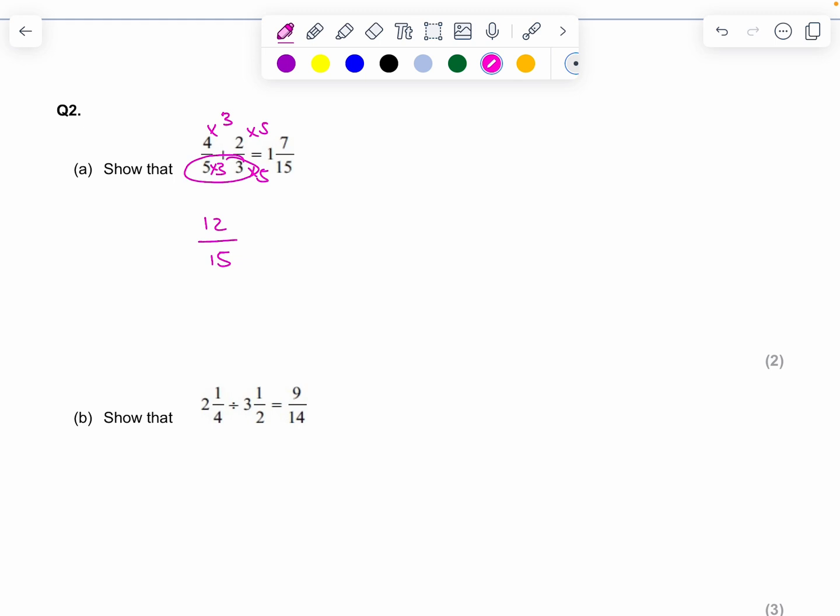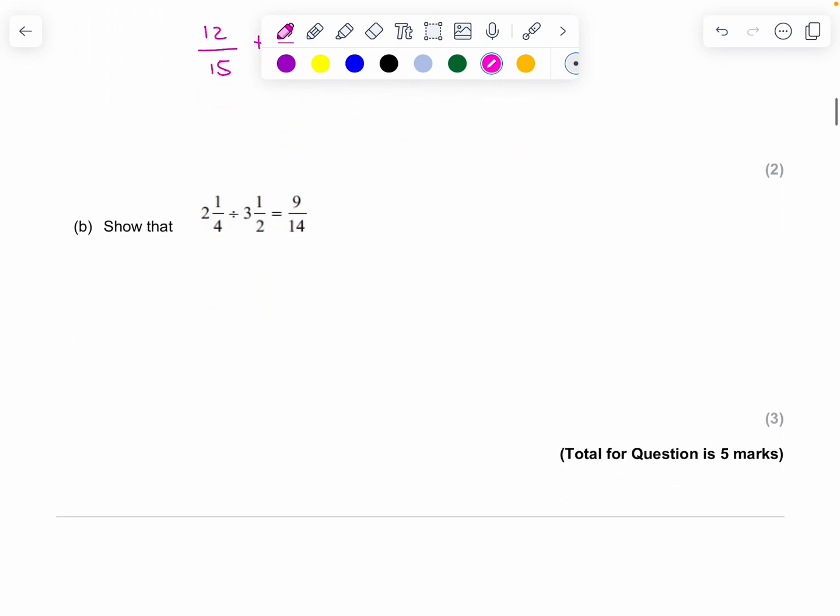The second fraction becomes 10 over 15. Add those two together and I get 22, so 12 plus 10 is 22 over 15. Then I turn it back into a mixed fraction by saying how many 15s go into 22? 1 and 7 remainder. So 1 and 7 over 15. And that's my full 2 marks.